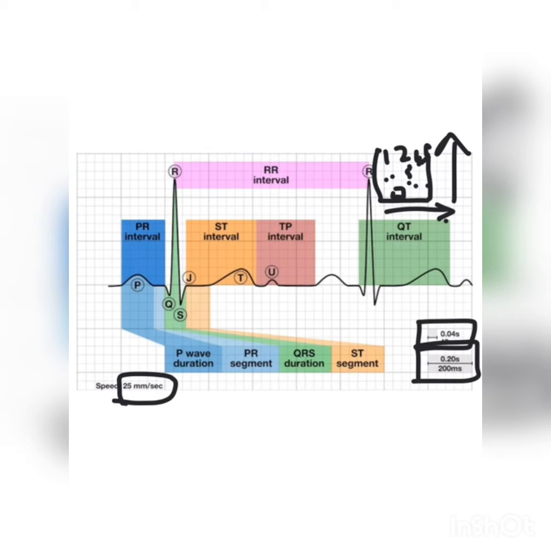When the standard ECG paper at a standard speed is run through the ECG machine, we have got the P wave, the QRS complex which is formed by Q wave, R wave and then S wave, and where the QRS complex ends, it is shown in the ECG as the J point, then the T wave and then again P wave and then QRS complex. This is how it goes on.